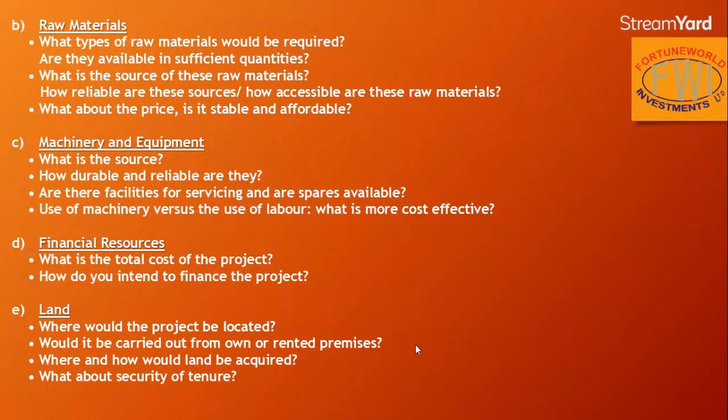Number one, what is the total cost of the project? By itemizing what will actually be needed in that project. Don't leave out anything when you are planning. And then it will help you to answer the second question, how do you intend to finance the project?